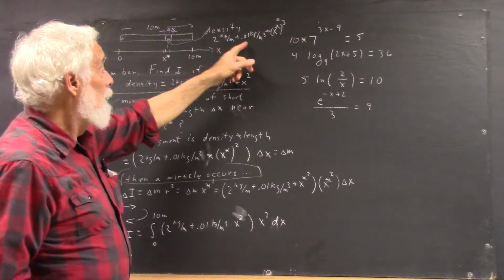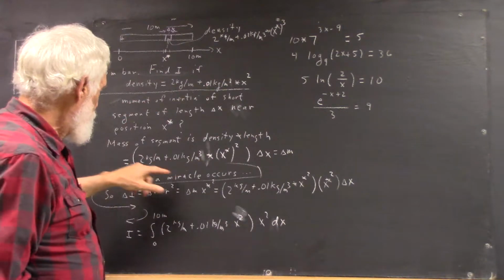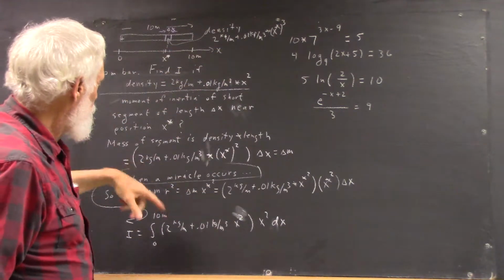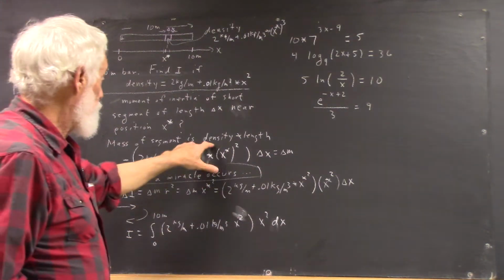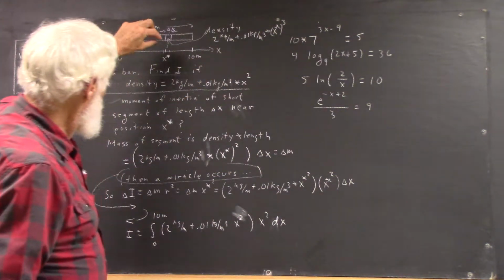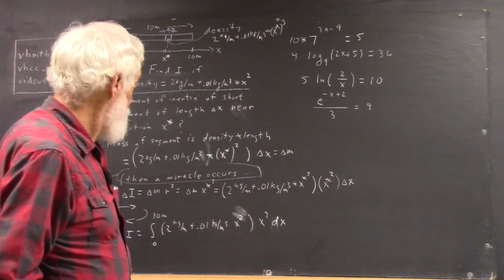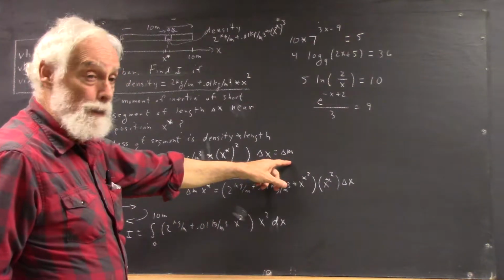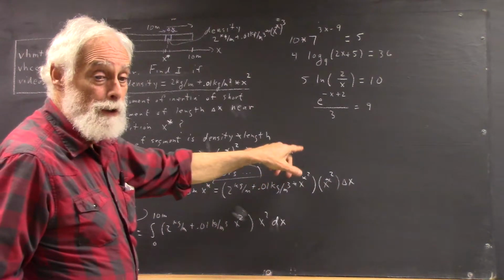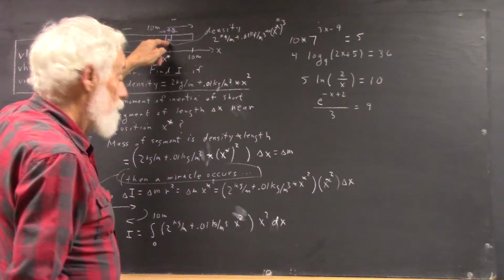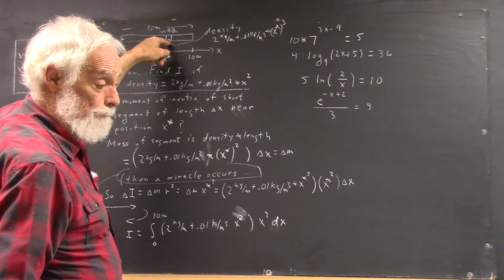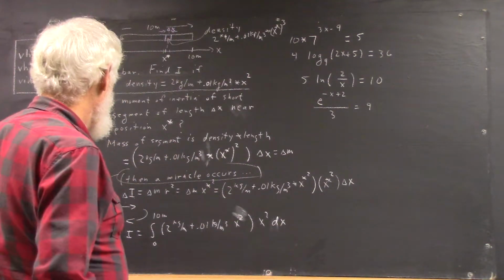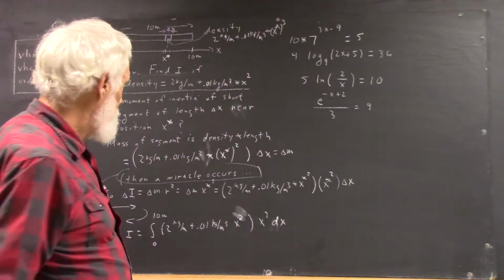Well, the density is pretty close to this, so there's your density multiplied by the length of the interval, delta x. And we call that delta m, the contribution to the total mass of the bar from this increment, this subinterval of the bar.